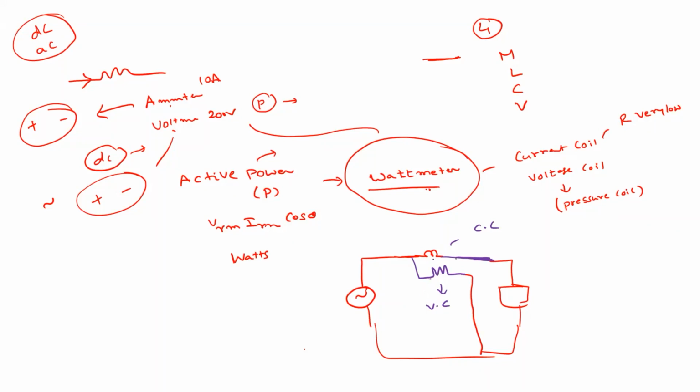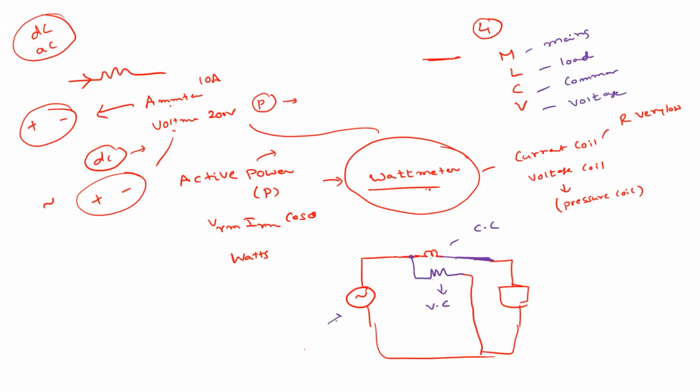So this one is the voltage coil, and the red one is the current coil. We have terminals: M is for mains, L is for load, C is common, and V is voltage. So we are connected to the main side.